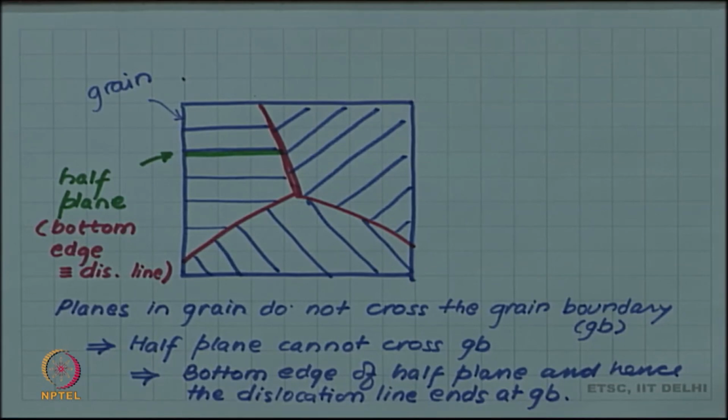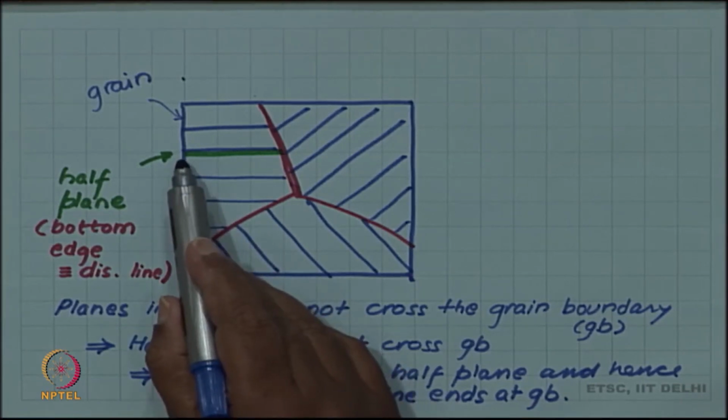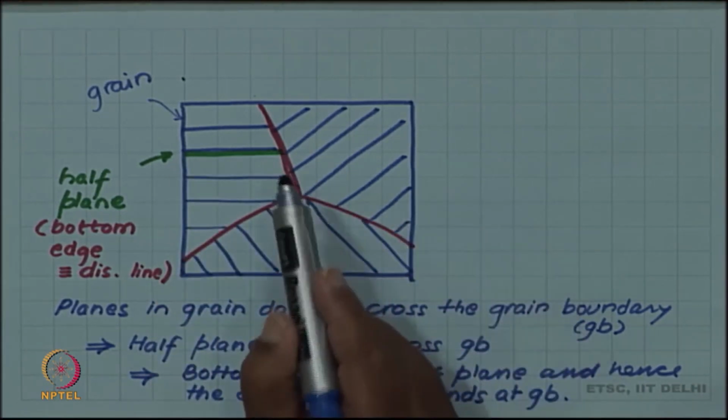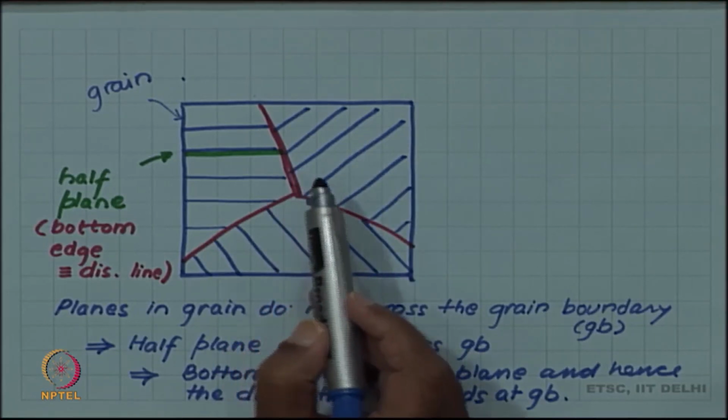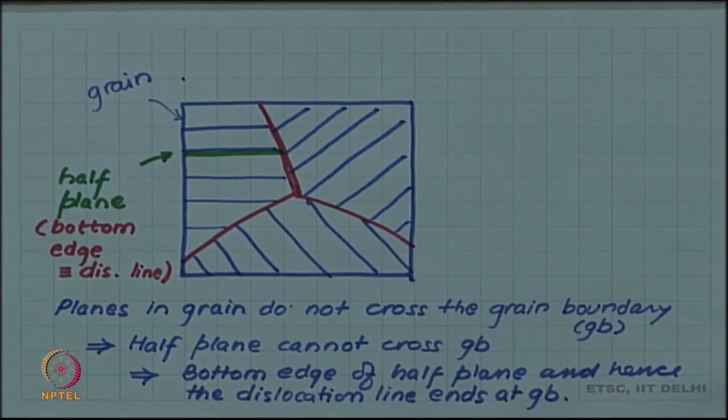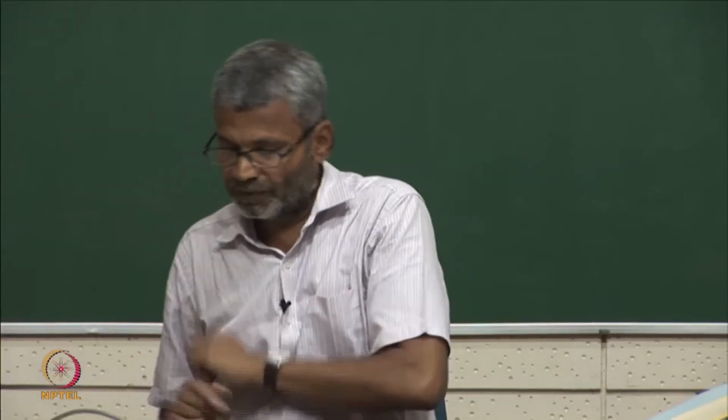So, a dislocation line can end on a free surface, or internally it can end on a grain boundary, which is also a surface, but is an internal surface. So, thank you. We will continue examining the properties of dislocations ending at various places in the next video.